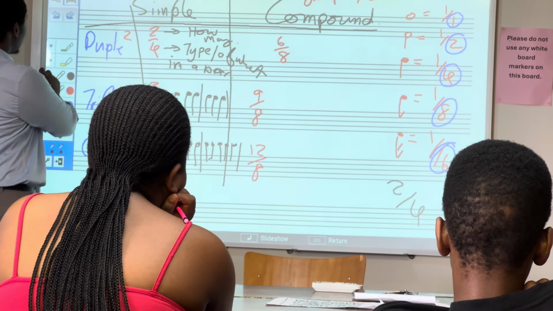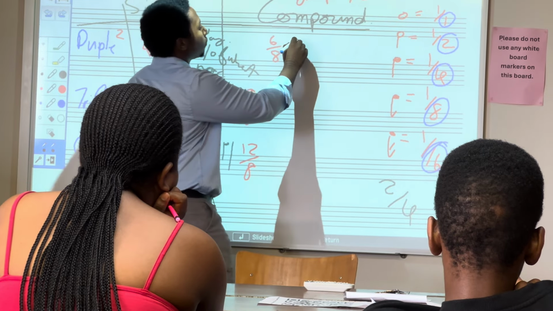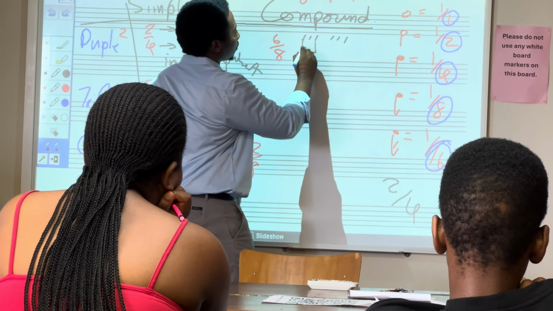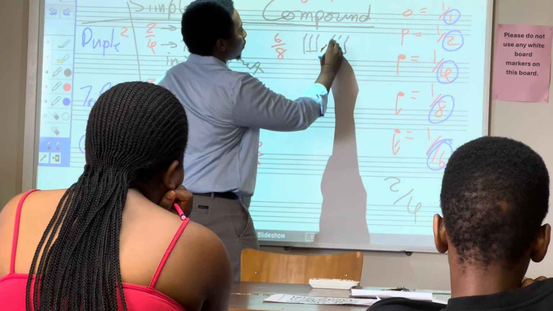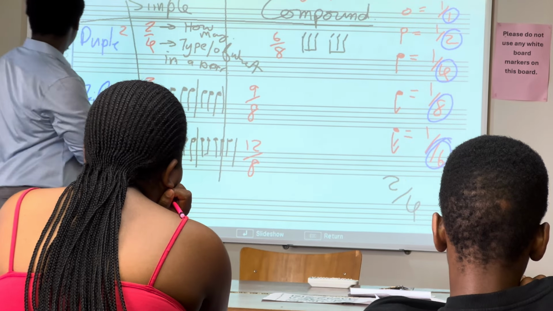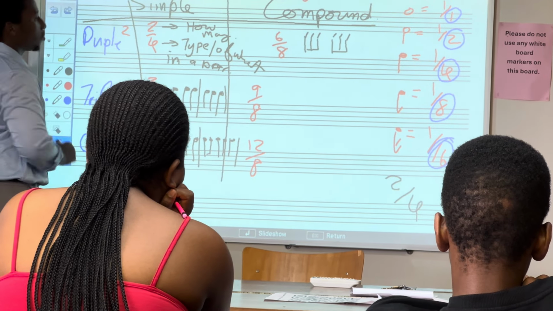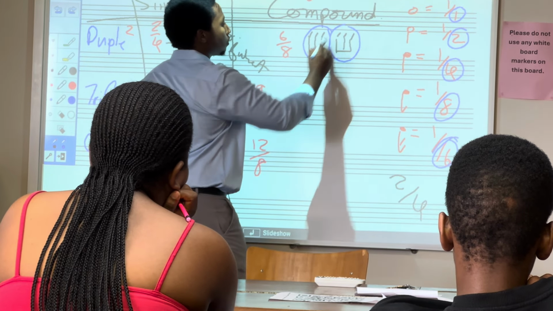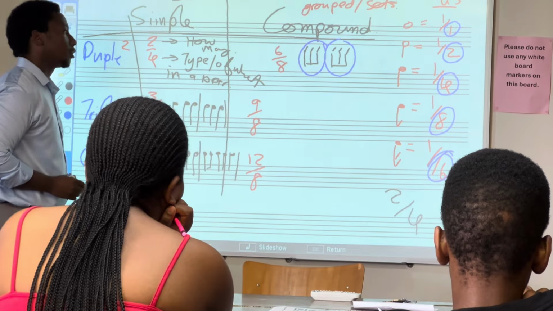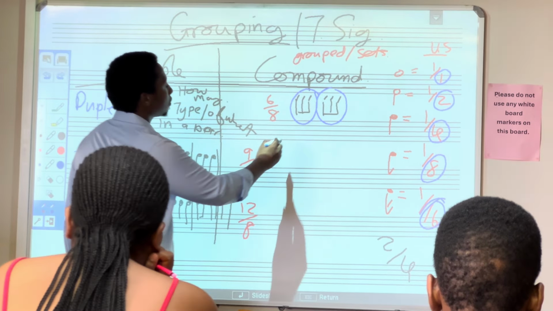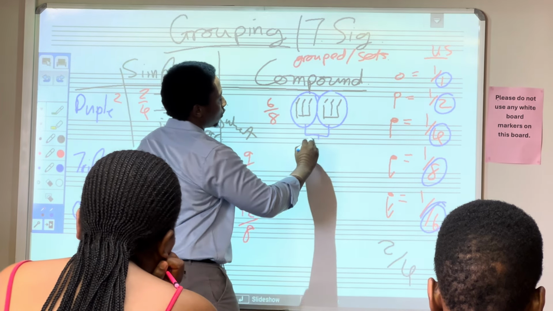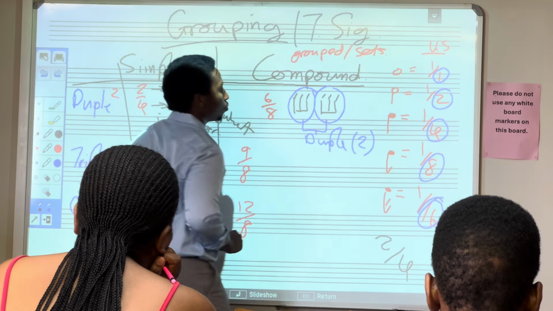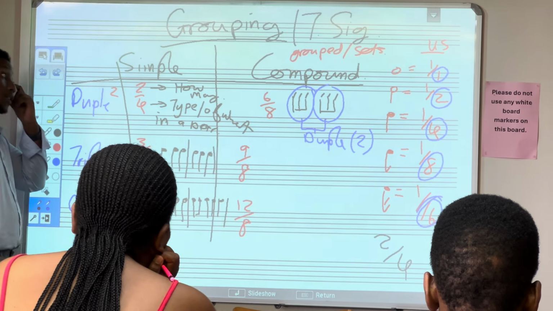Example. You will have 1, 2, 3, 4, 5, 6. Now, the order in which these are arranged must be like this. Because as it stands, it is duple, which is 2. So that's how it comes about.